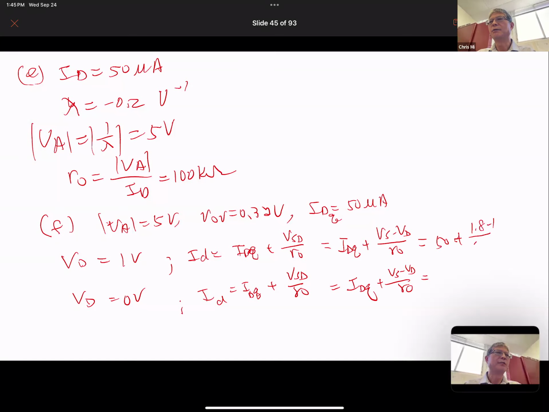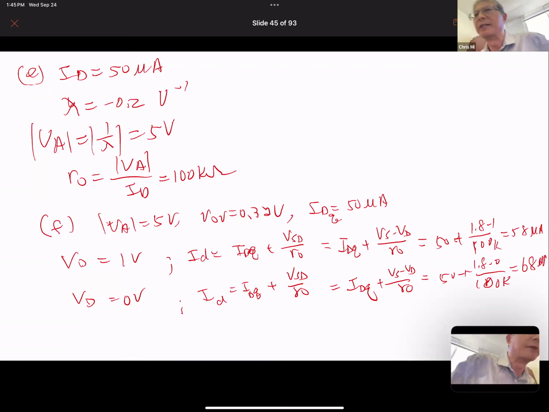So for the first one, 50 plus 1.8 minus 1 divided by 100K gives you 58 microamps. And the second one is 50 plus 1.8 minus 0 divided by RO, which is 100K. That gives you 68 microamps.